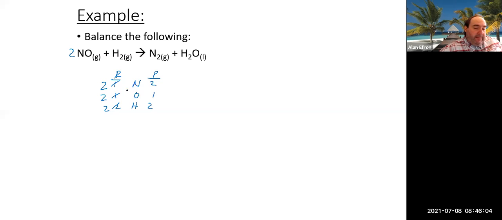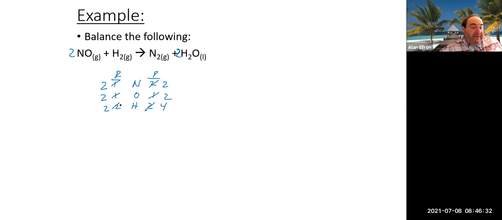But that's not a problem, because we can easily fix the oxygen by going to the right-hand side and putting a 2 in front of the water in this case. That does give us 2 nitrogens. 2 times 1 for the oxygen is 2. And now for the hydrogen, 2 times 2 is 4.